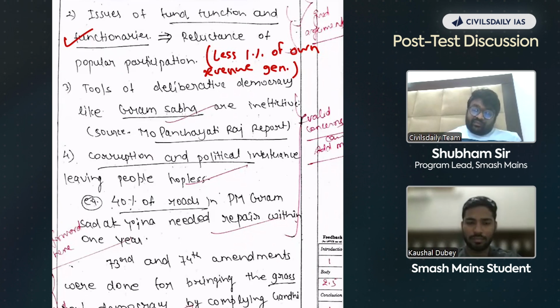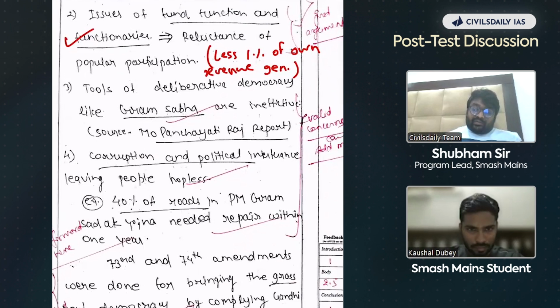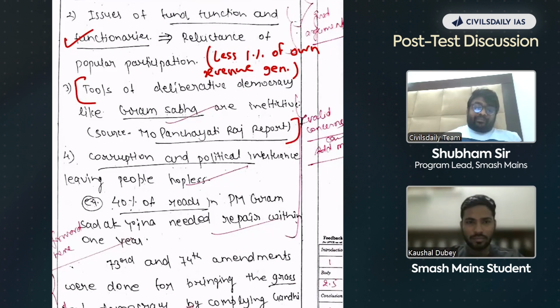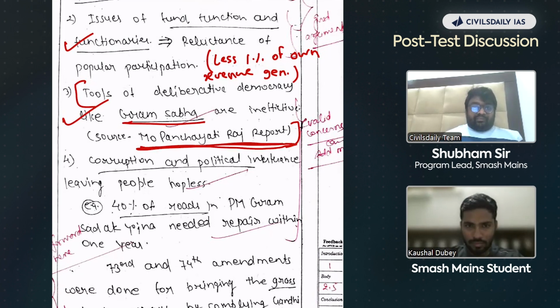Tools of Gram Sabha are ineffective. Now this is a good point. You are saying it is ineffective and you are substantiating it by giving the report. Okay, you don't need to write the source, you can simply put a bracket and write.